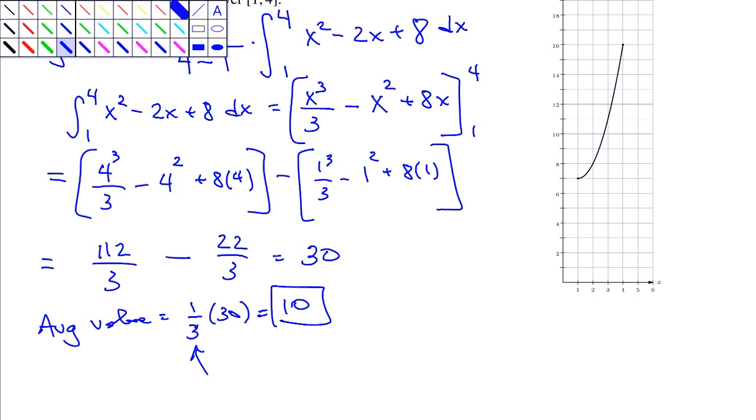Right. Now, what does the average value tell us? Well, it's this value. Let's see, where are we taking this from? We're taking this from 1 to 4.